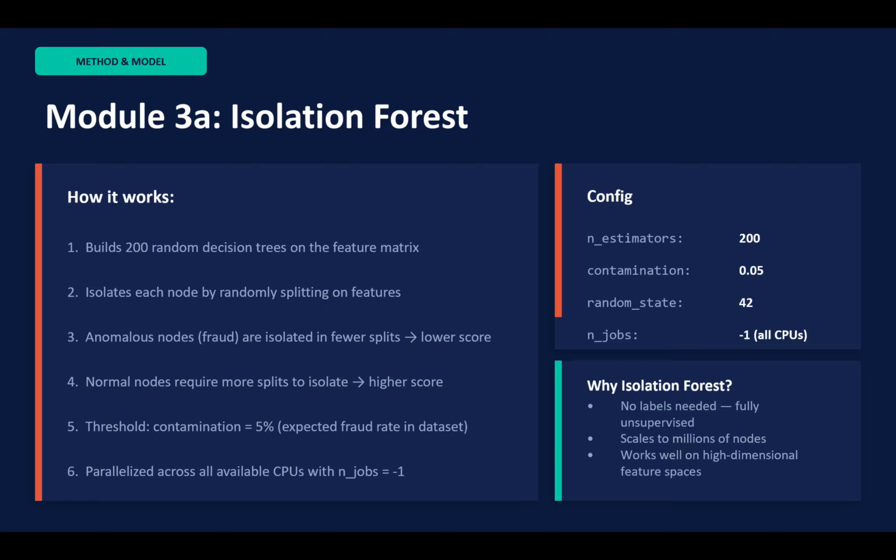Normal nodes take many more splits because they blend in with the crowd. The anomaly scores reflect how many splits it took. Low score, isolated fast, which is fraud. High score, took forever to isolate, normal users just living their life. We set contamination to 5% to match our expected fraud rate and parallelized across all CPUs.